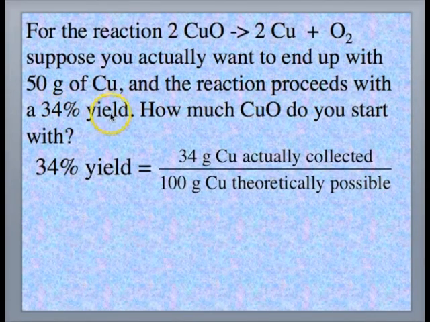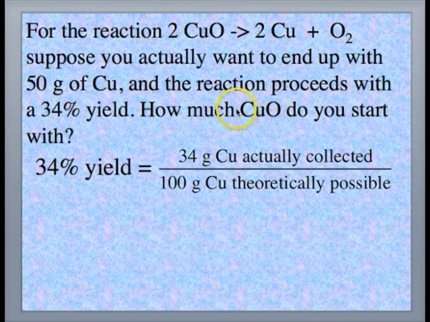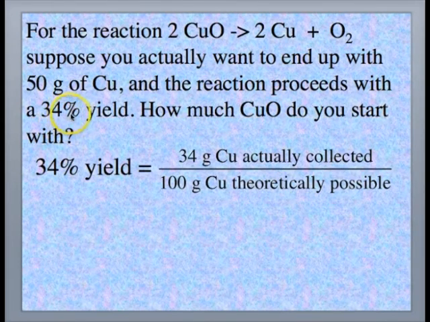So here you're being told what the percent yield is, and you have to calculate how much cupric oxide you start with to take into account that 34% yield, so you actually end up with 50 grams of copper.